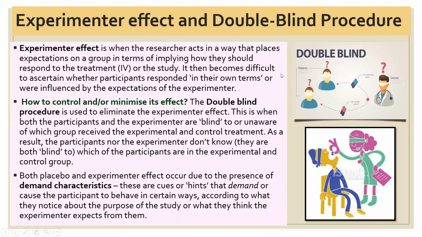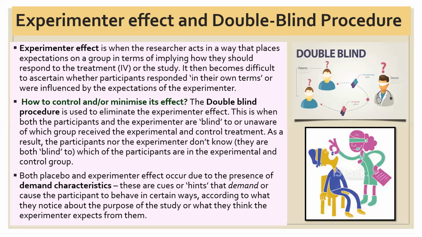So the experimenter effect is basically how the researcher acts and how that might place expectations on a group. So if I come into a class and say, okay, guys, today we're doing an experiment on the effect of green tea consumption on SAC performance, and I keep boasting or bragging about this new green tea I have, and I'm like, oh guys, it's going to really help you.